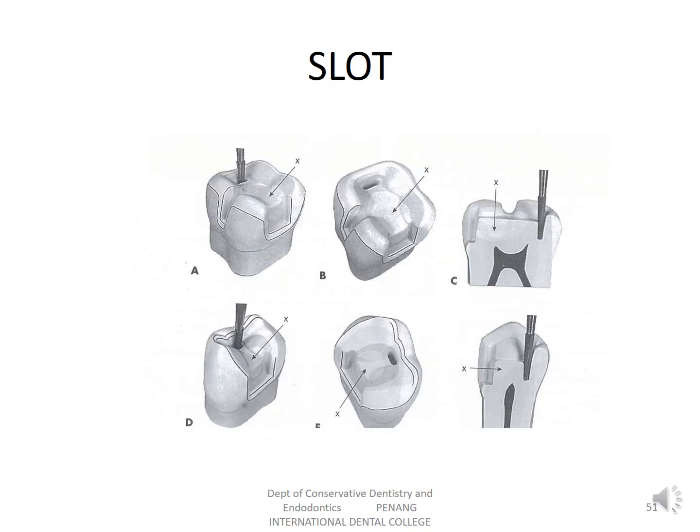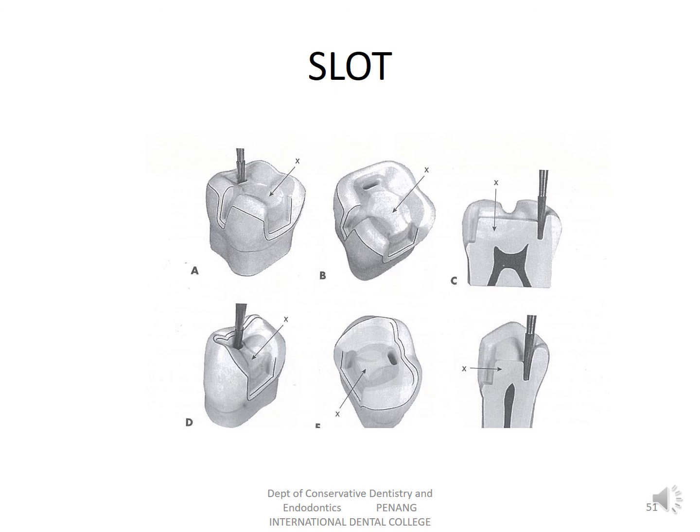A slot is one more extra retentive feature which can be given to increase retention. It is given in the pulpal floor opposite to the area of the proximal box. If the proximal box has become very widened and cuspal reduction has been done, you don't have enough occlusal height to provide for a lot of retention, so we give something called a slot.